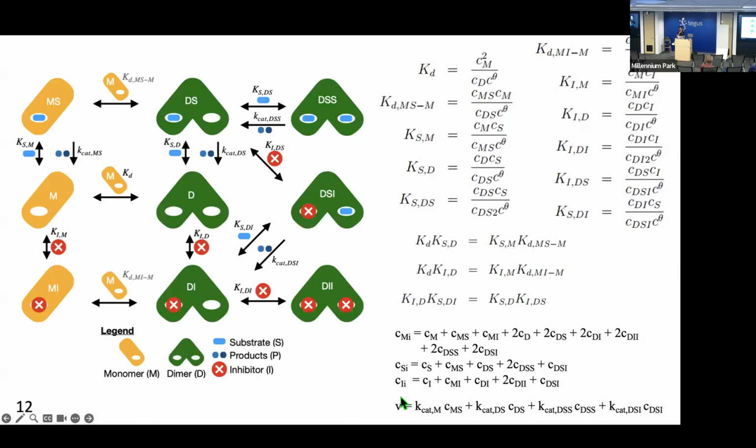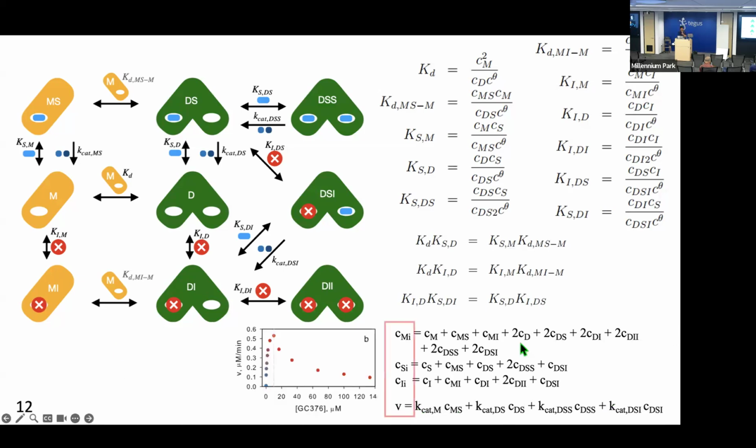And these are conservation of mass, meaning that if you put this much protein in there, it has to be in different forms. You're not destroying or creating protein or substrate or inhibitor. And the rate of the reaction is just a sum of some constant times the concentration of different species, where the substrate is bound to the protein in different forms.